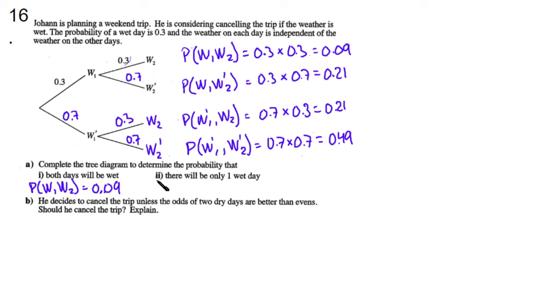The second question here, there will be only one wet day. Well, there are two scenarios there. It could either be this one where the first day is dry or not wet and the second one is wet, or this one here where the first day is wet and the second one is not wet.